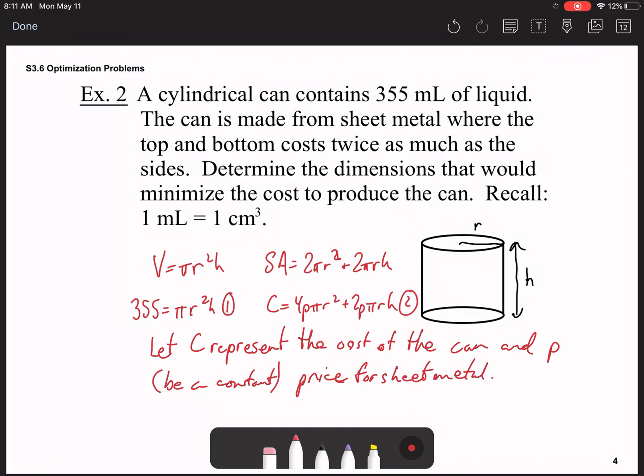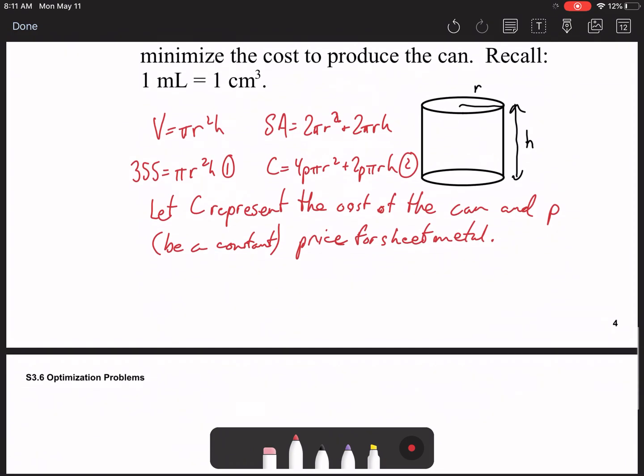So constant means that it's always the same value. Although it's a variable, it's like a value like pi is.